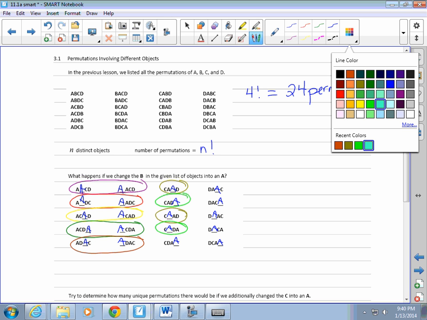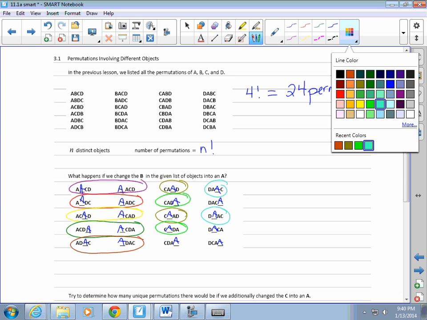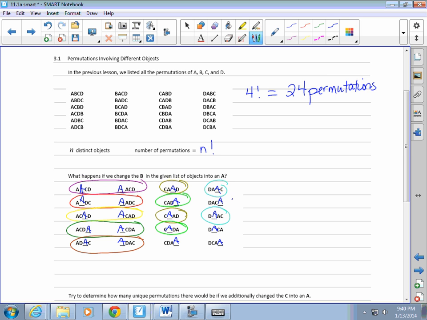Oh, I have to add a set, sorry. I'll do that one in a minute. So DAAC and DAAC. DACA and DACA, and then CDAA. I need to add an extra one here because I missed a row.